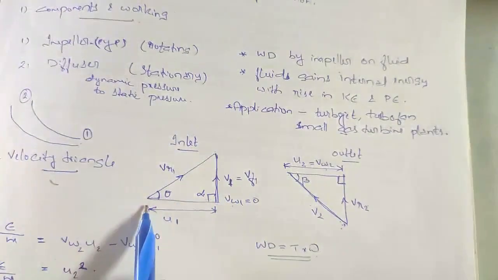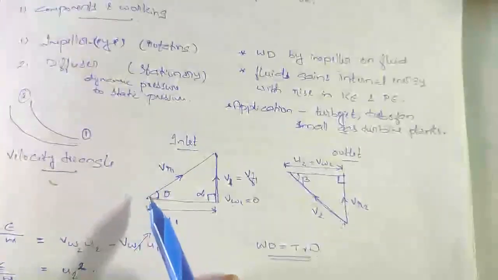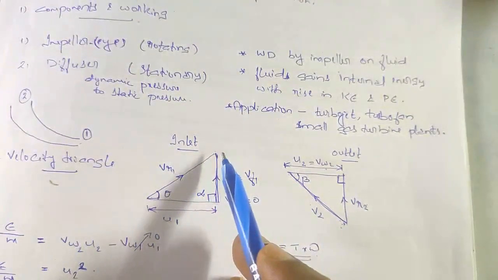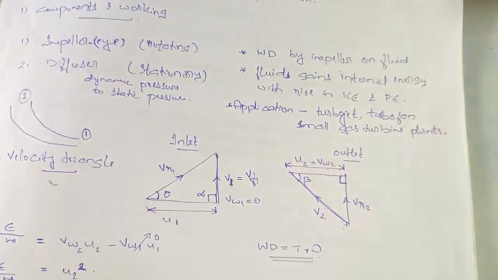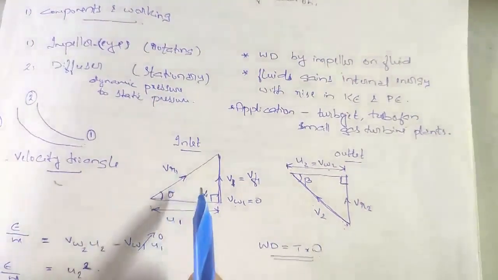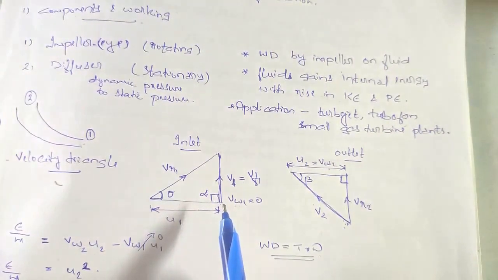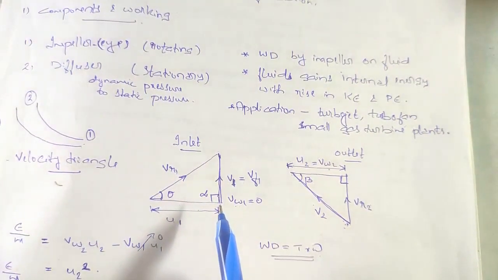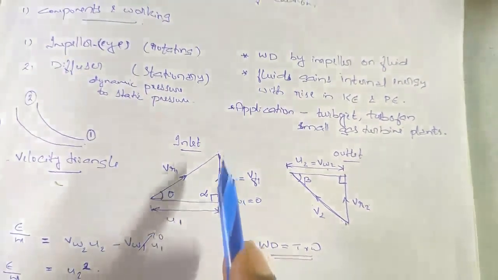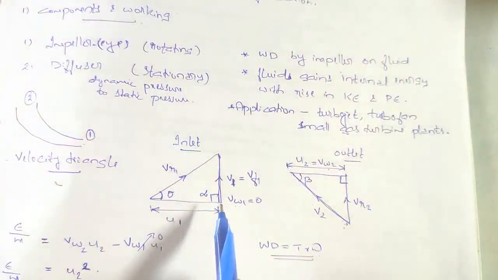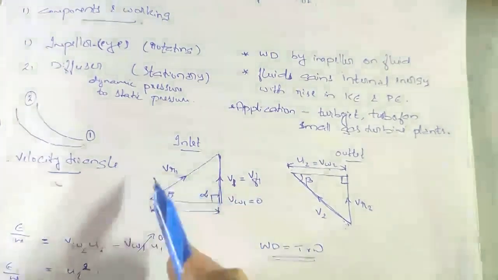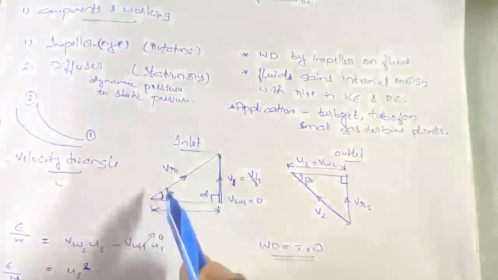This is the tangential velocity U1, and the relative velocity component will be at an angle theta. So this is the inlet velocity triangle.